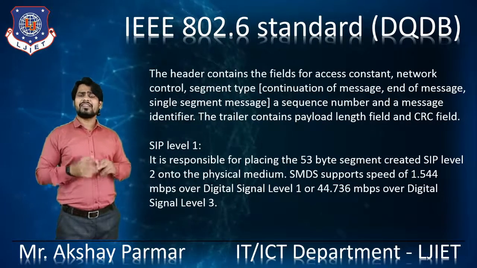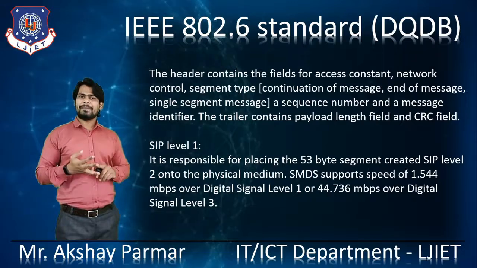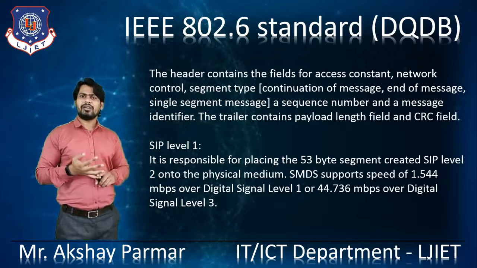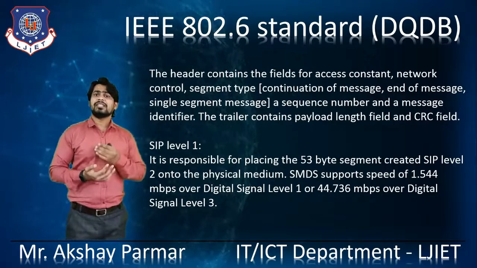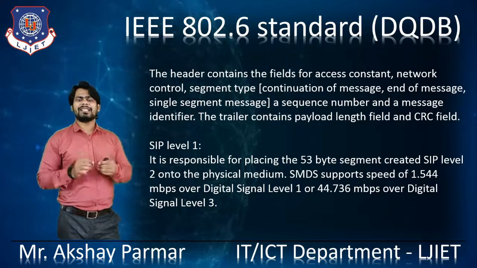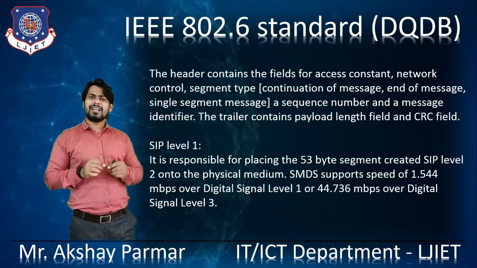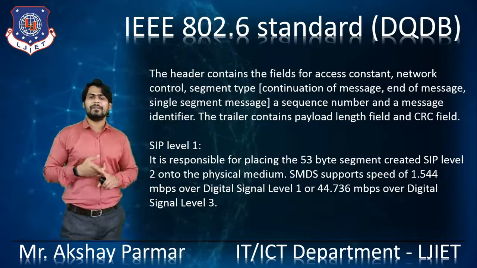The header contains the fields for access control, network control, segment type, that is continuation of the message, end of the message, single segment message, and so on, right? A sequence number and the message identifier. The trailer contains the payload length field and the CRC field, right?